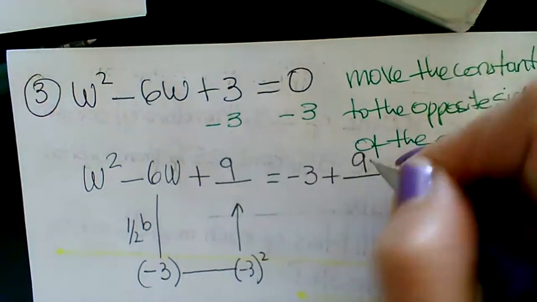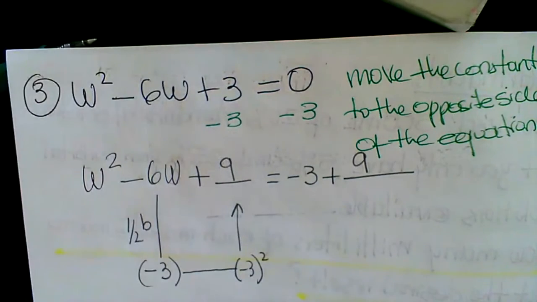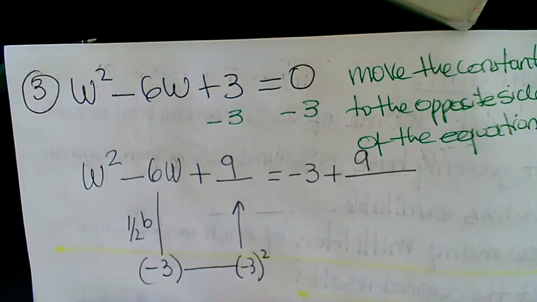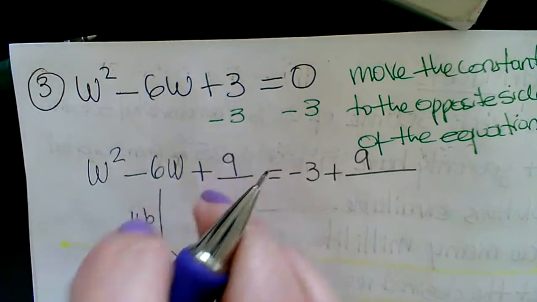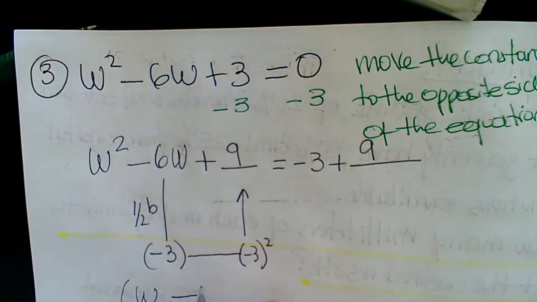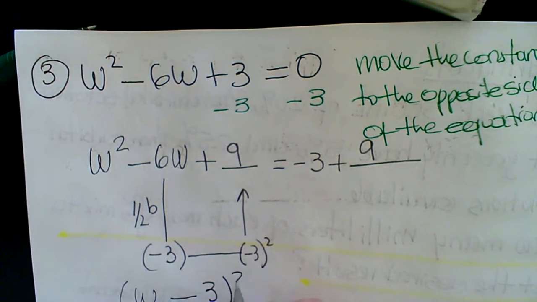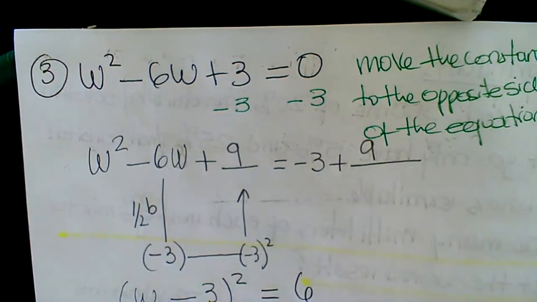So we're going to add 9. Okay? So what we have in this side, remember, how do I make this one a perfect square? I know it is already, so it's going to be w minus 3 squared. Negative 3 plus 9 is 6.